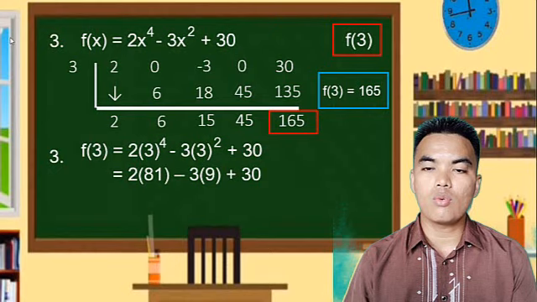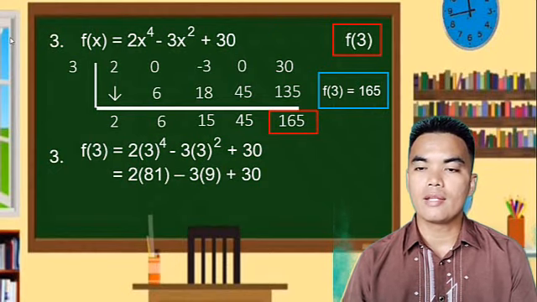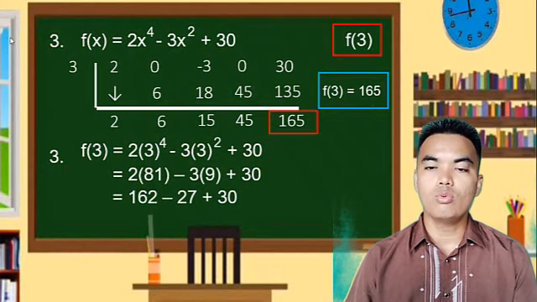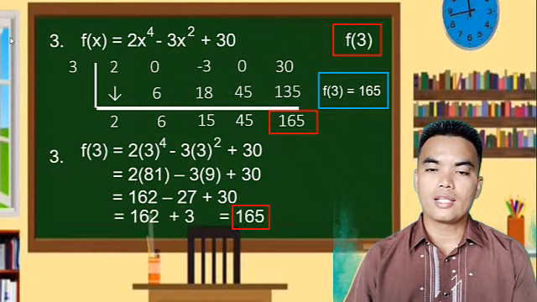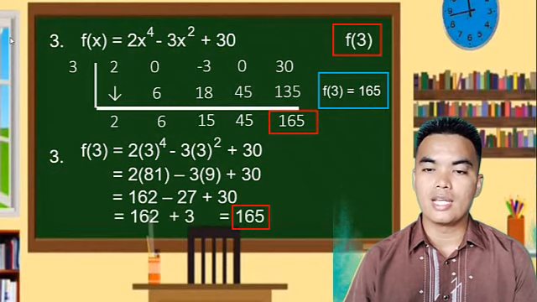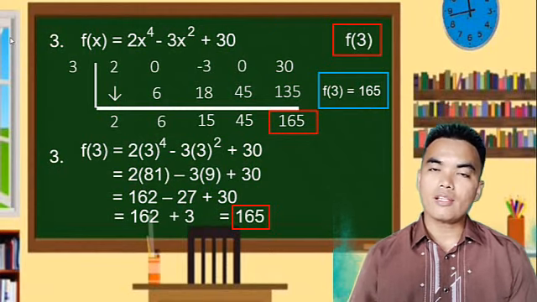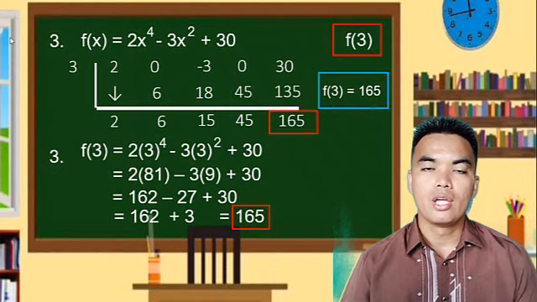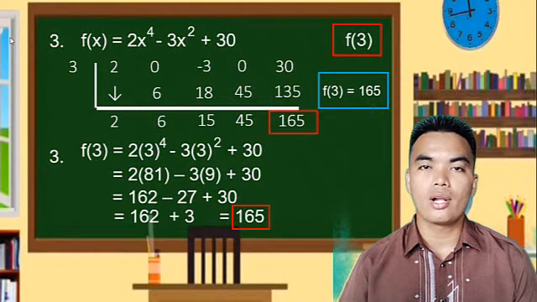So 2 times 81 minus 3 times 9 plus 30. We have 162 minus 27 plus 30, which is 162 plus 3, equal to 165. As you can see, students, we arrive at the same answer using synthetic division and the remainder theorem.